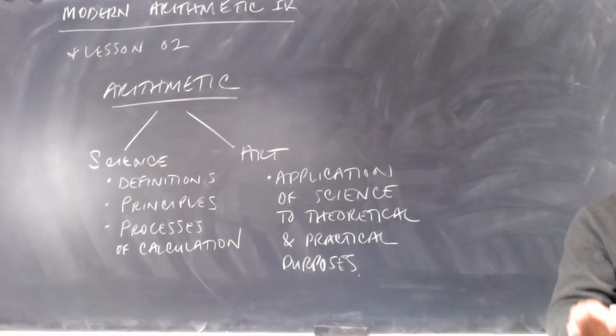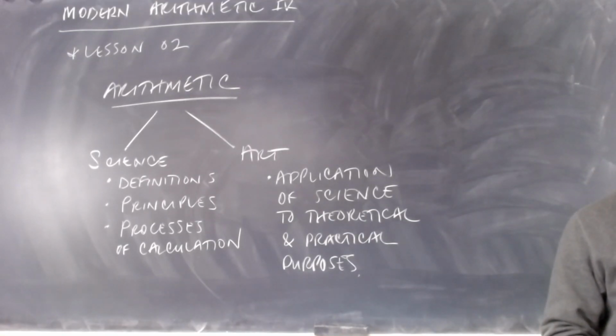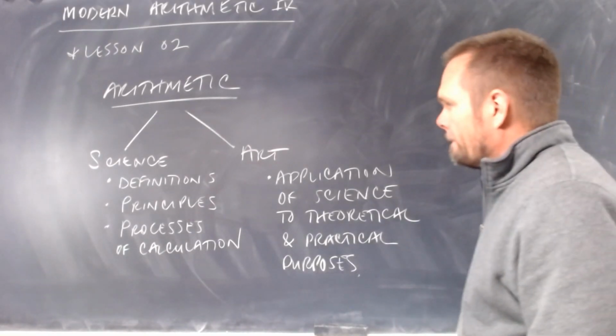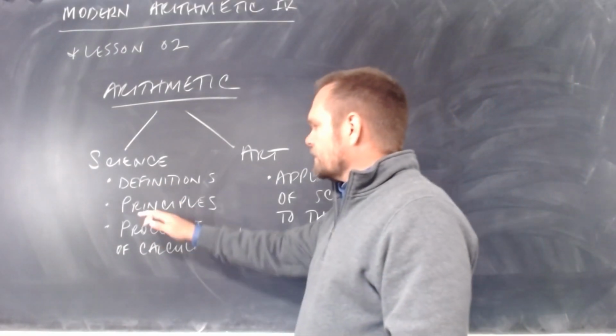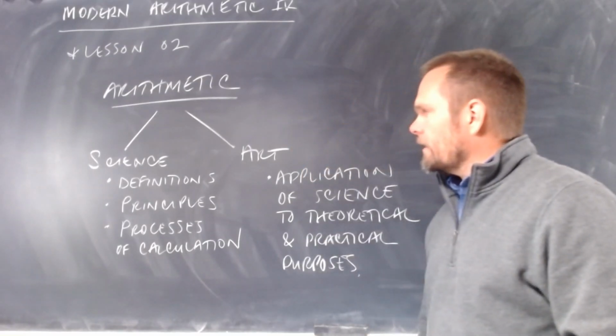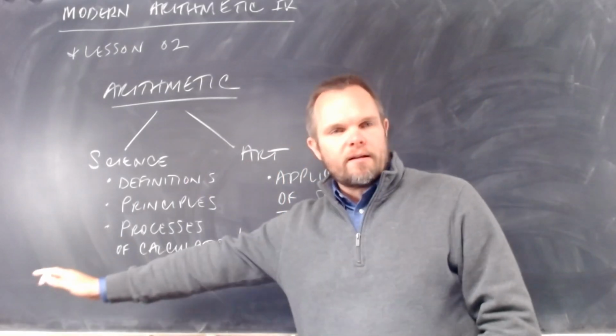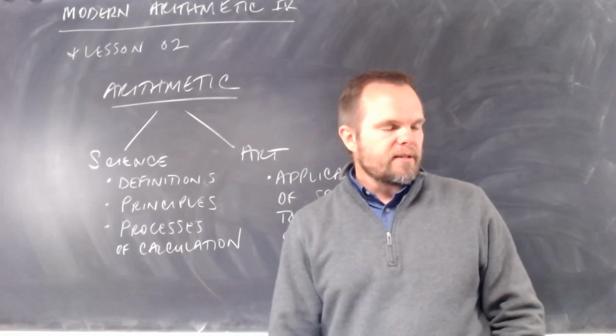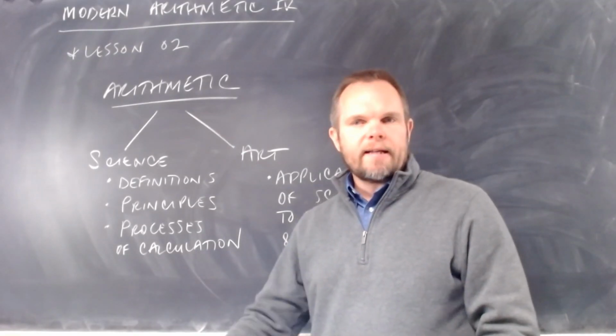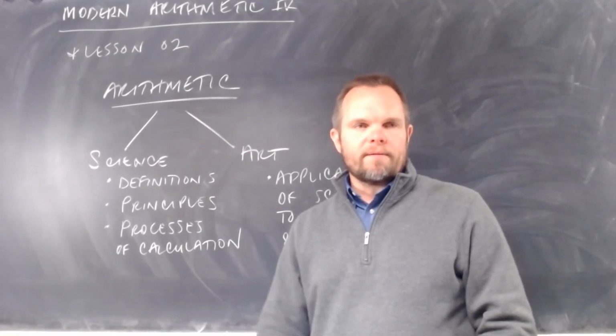Science is simply knowledge of something. Science is knowledge properly classified. We can know the science of arithmetic, but that's only part of the study of arithmetic. The science of arithmetic is only a part.